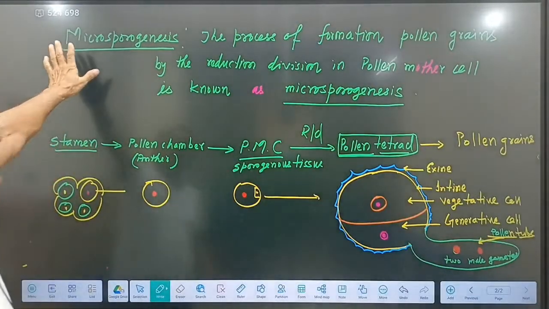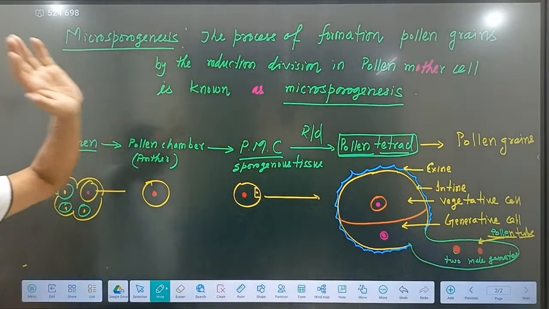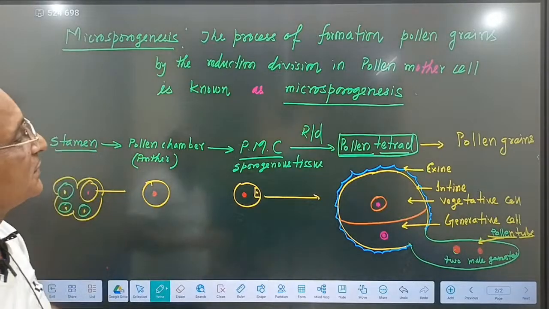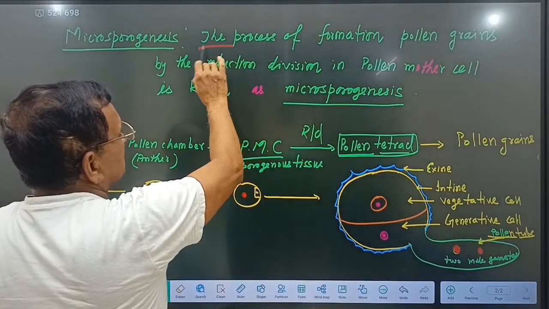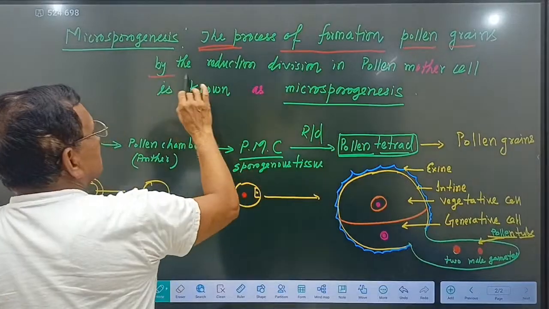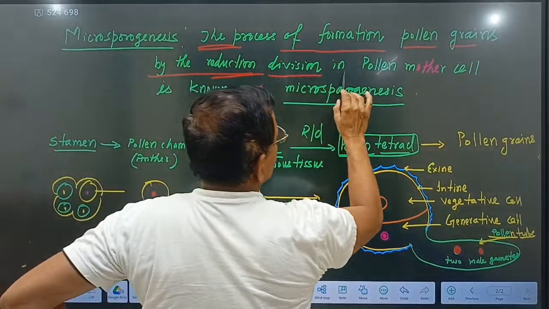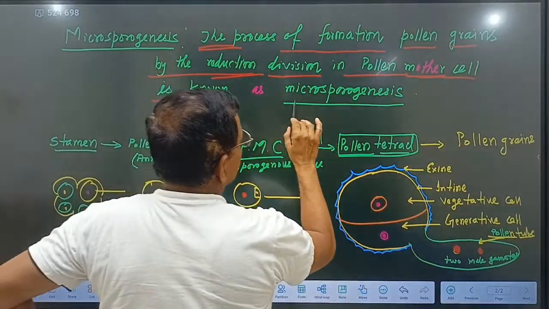Now, how can you define microsporogenesis? The process of formation of pollen grains by reduction division in the pollen mother cells, which are meiocytes, is known as microsporogenesis.